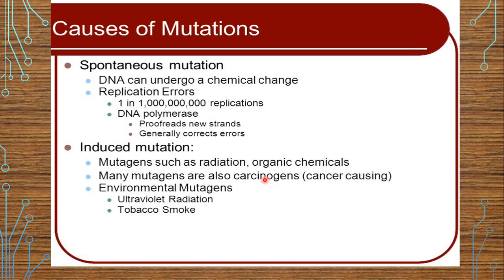If we are exposed to those certain agents, they are likely to change the base sequences and accordingly change the expression of the total character or nature in the individual. Then there are also some environmental mutagens in the form of UV radiations and tobacco smoke.